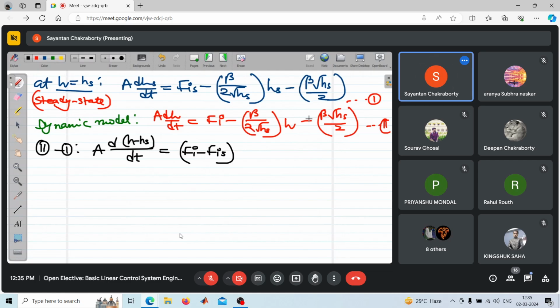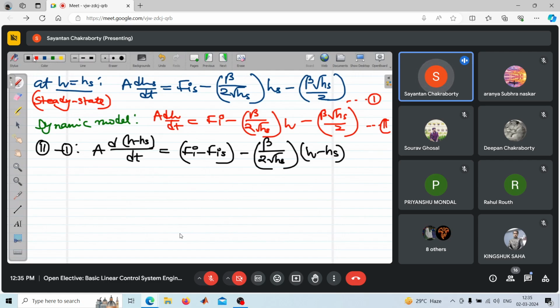Now look, these are constants, so they will cancel out. So one thing will be left, minus beta by 2 root hs times h minus hs. I am subtracting 1 from 2.